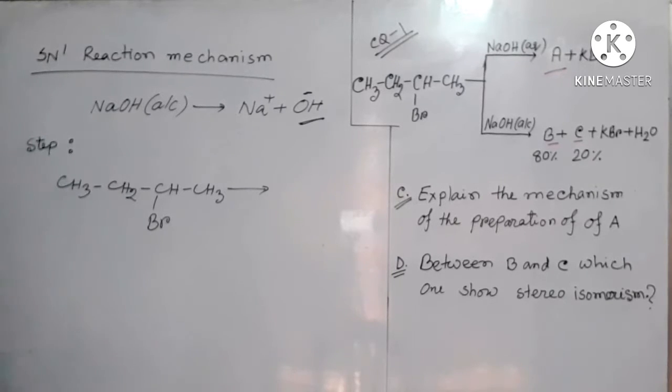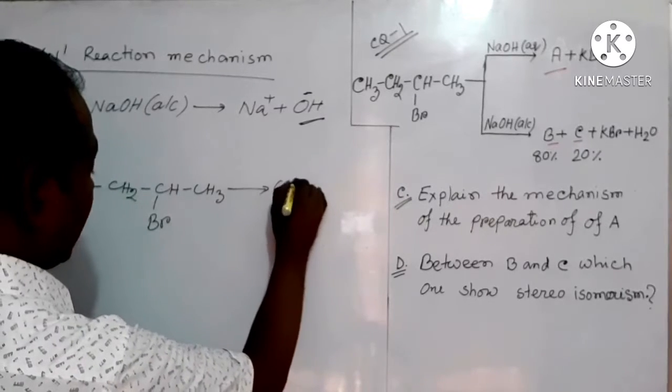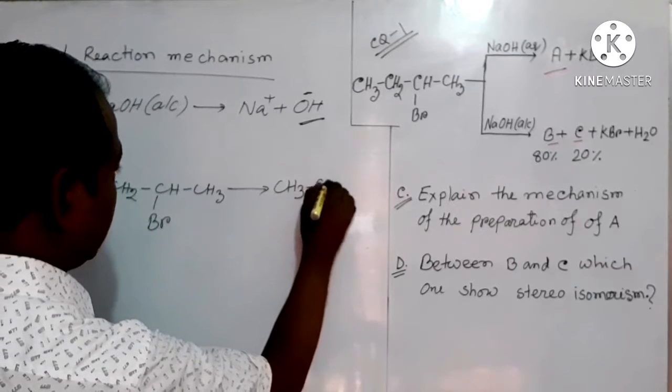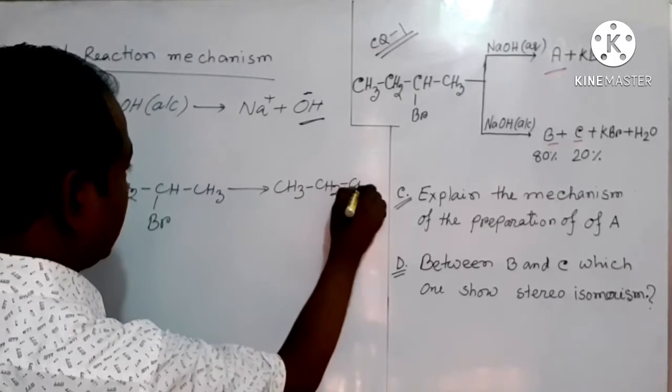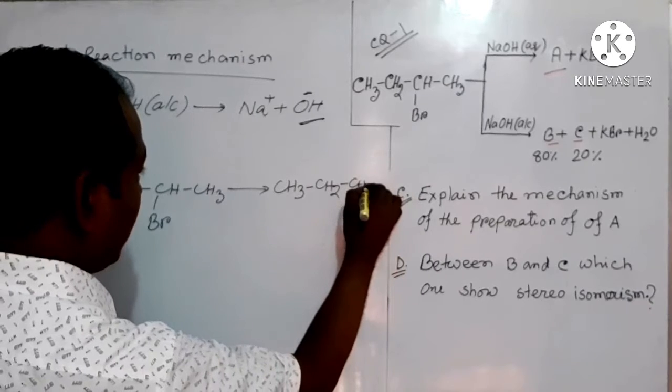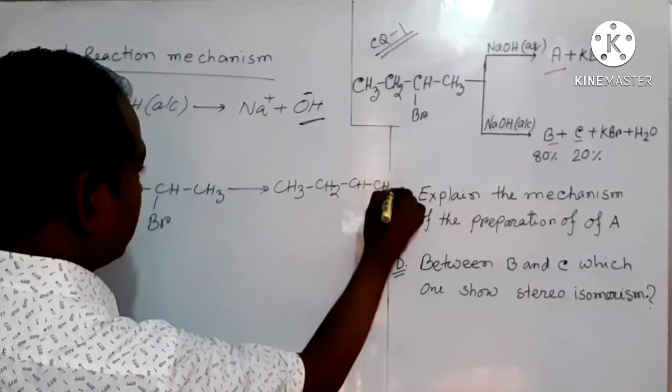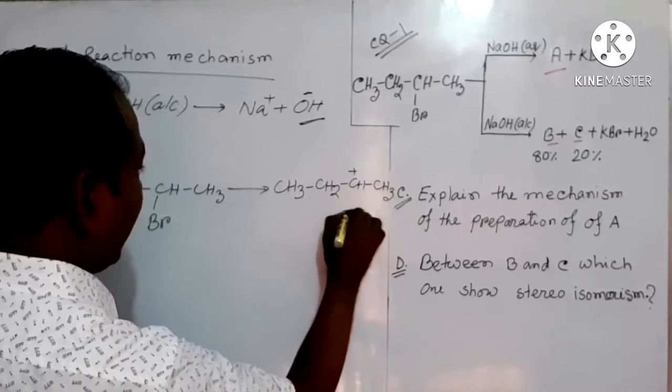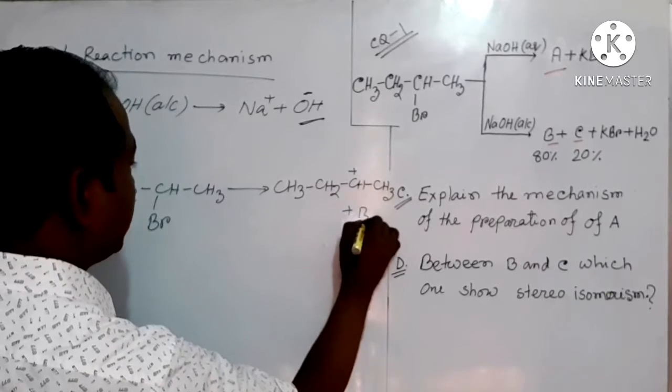In the first step, the alkyl halide first ionizes to form a carbocation CH3CH2CH+CH3 and a halide ion, that means bromide ion.